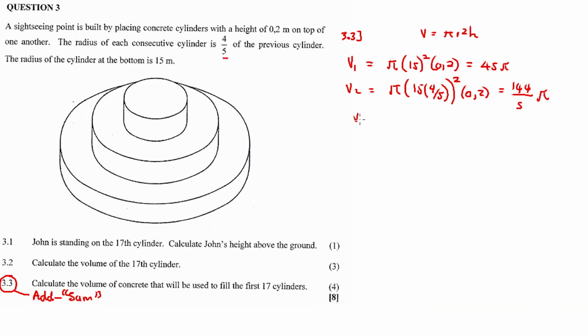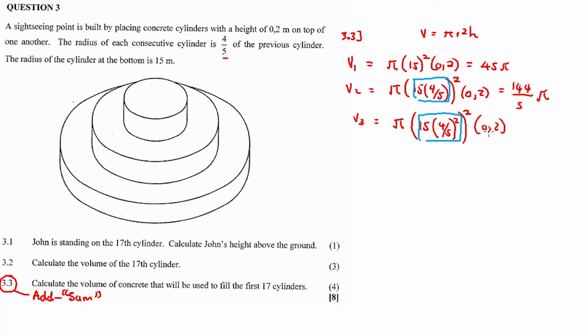Then for V3, we're going to do the same thing. So pi, open bracket 15 times 4 over 5 squared, close bracket, squared, times 0.2. Remember the changing variable is the radius. That's what's getting affected.